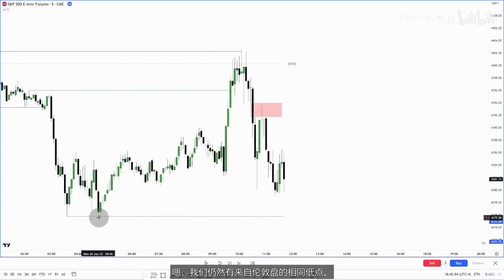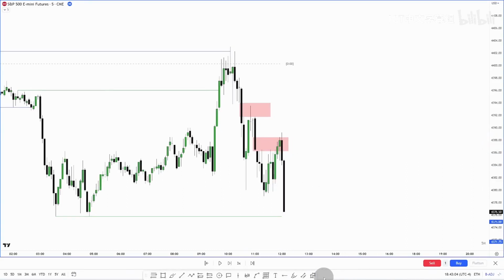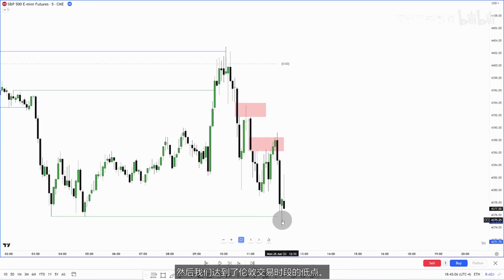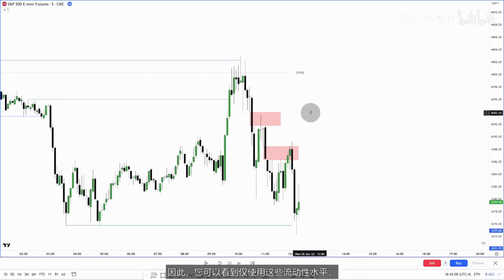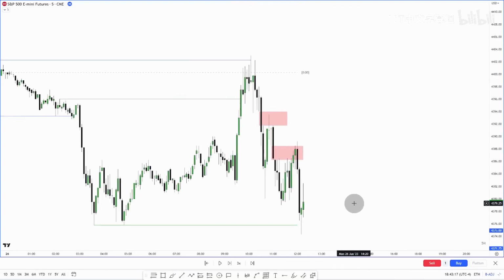Well, we still have equal lows from London session sitting right there. Here is another 5-minute fair value gap. And there we reach our London session low. So you can see how just using these liquidity levels, Asia high and low, London session high and low, New York can be framed off of that.